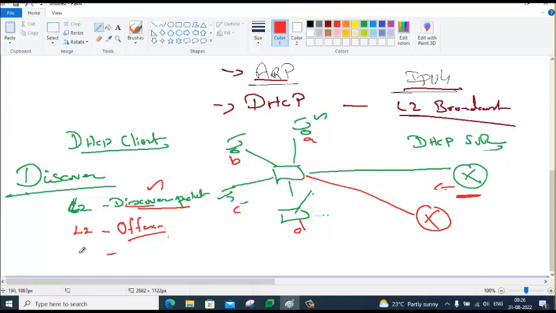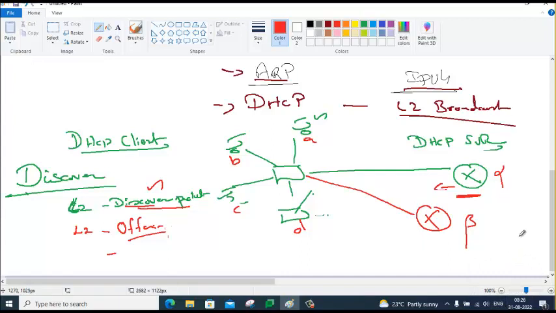The client will see which response came early. Is it the response of alpha or the response of beta? Who offered me first? Whose offer packet came first?